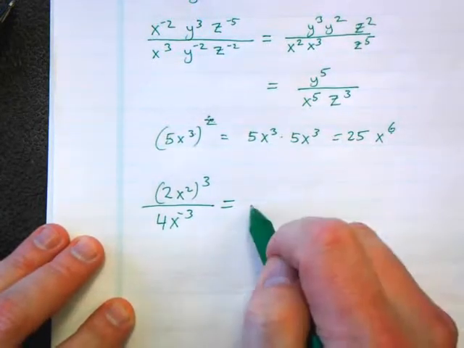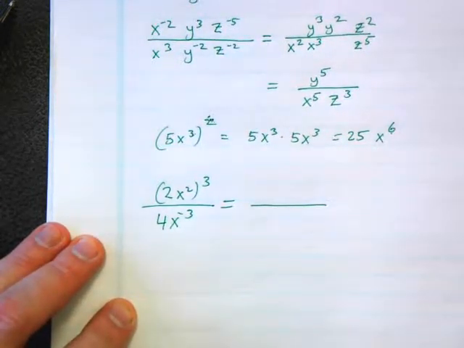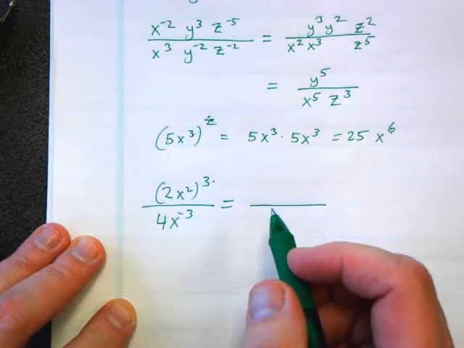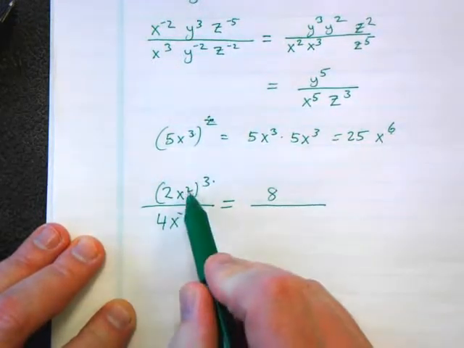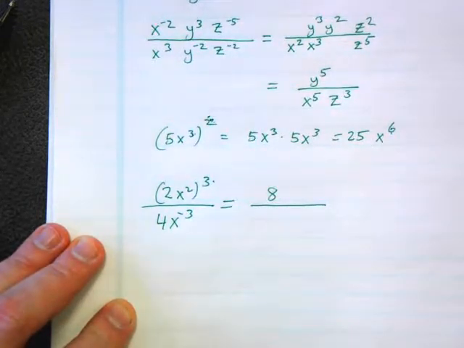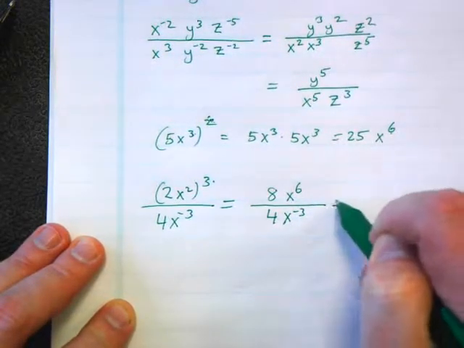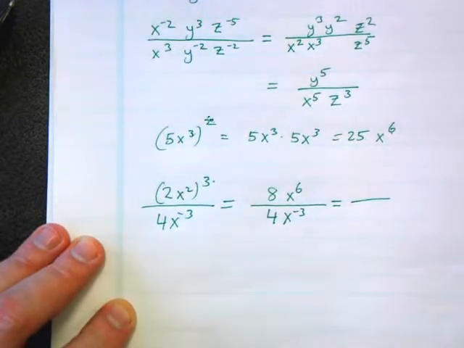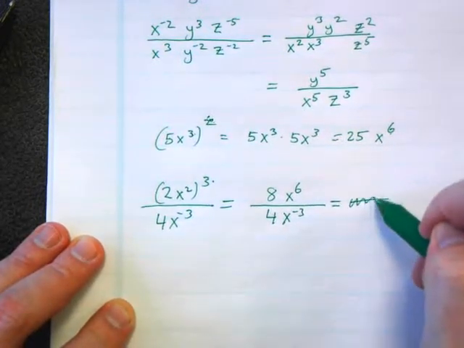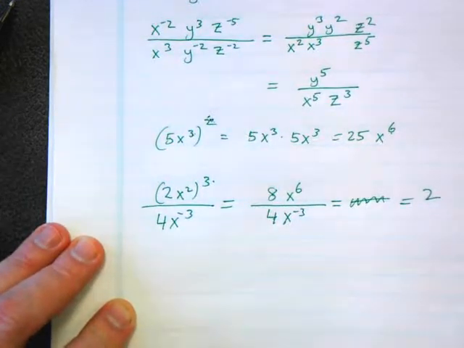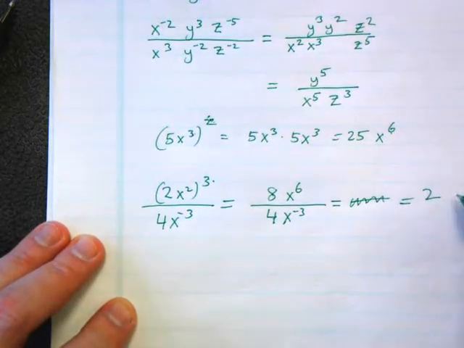And what would you tell me you have on top? 2 cubed is 8. And x squared cubed? You multiply those powers, x to the 6. Divided by 4x to the negative 3. Oh, I don't think I'm going to need a fraction anymore. Although I wrote a fraction bar, I don't think I'm going to need it. Because 8 divided by 4 is 2. And x to the 6 divided by x to the negative 3? Not x to the 3. X to the 9. Why x to the 9?